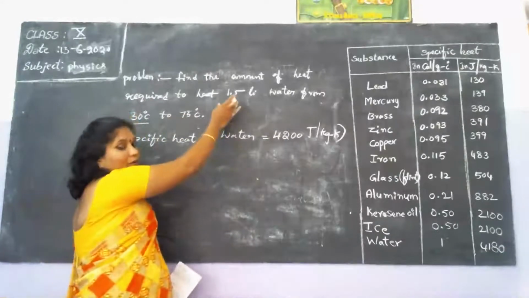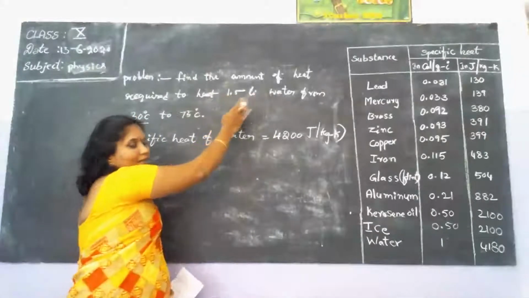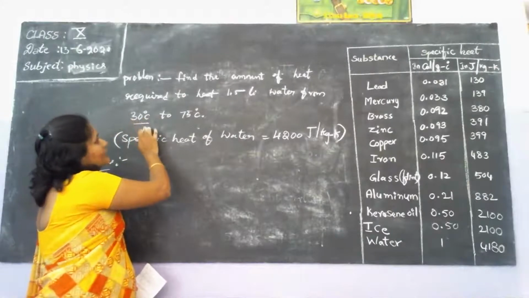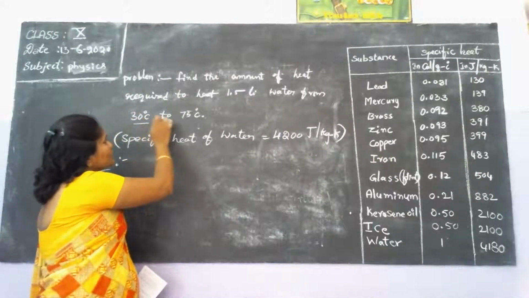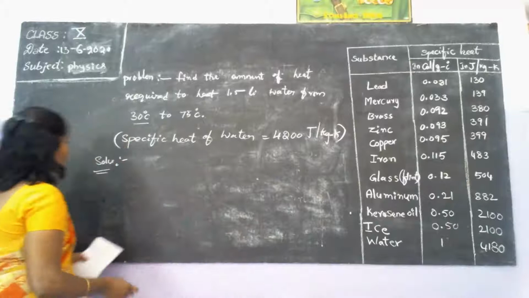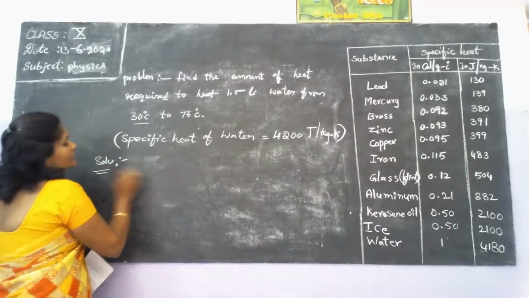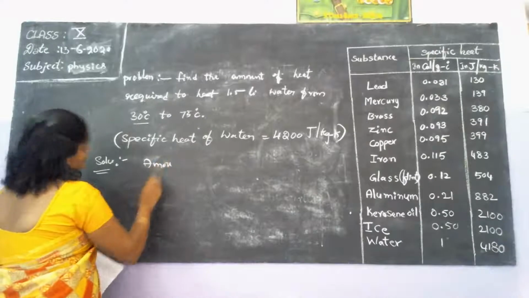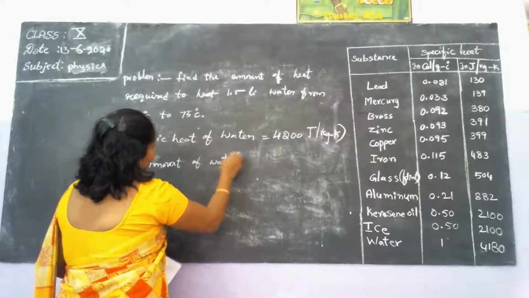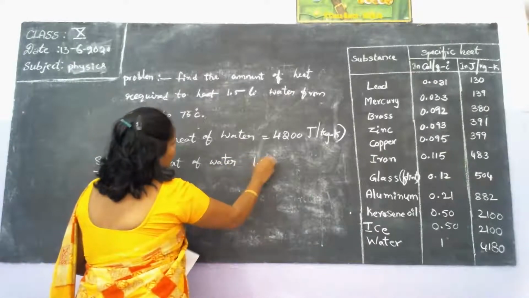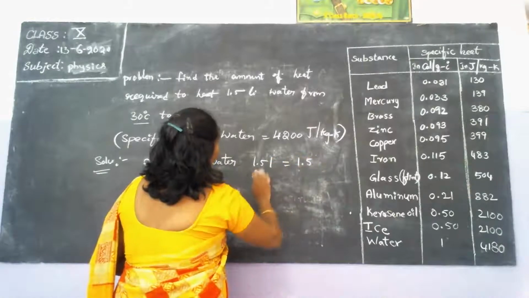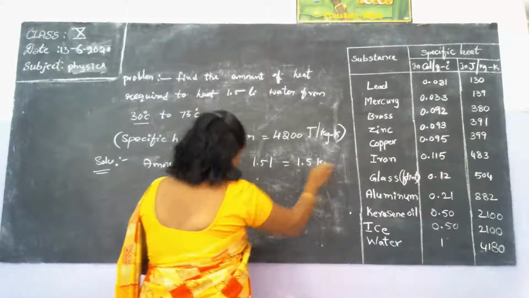First, in the solution, we take the amount of water. What is the amount of water? 1.5 liters, which equals 1.5 kg.